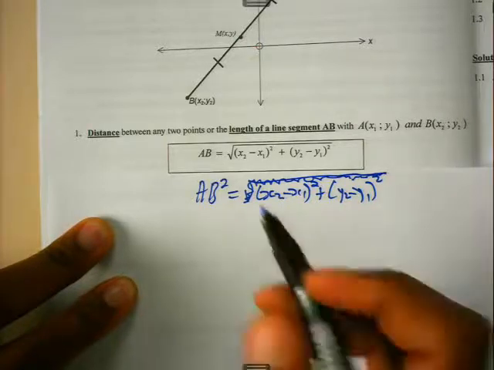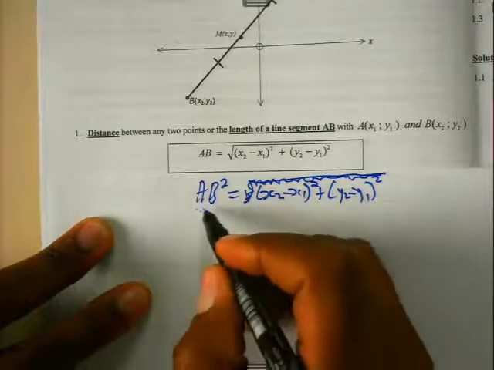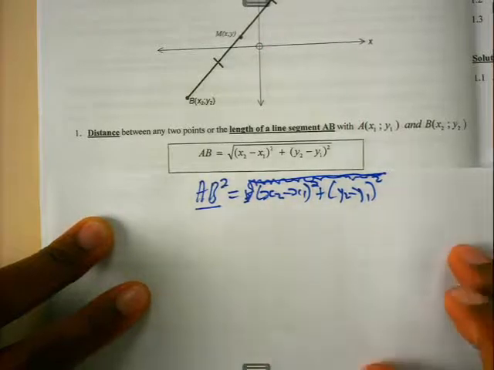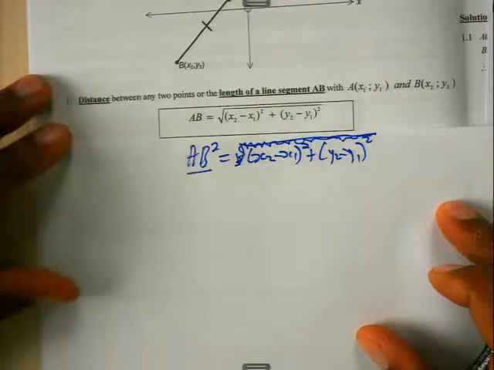That is why I encourage some of you to go this way, where you have AB squared, you substitute the length of AB, and then you substitute x2 minus x1, then y2 minus y1.